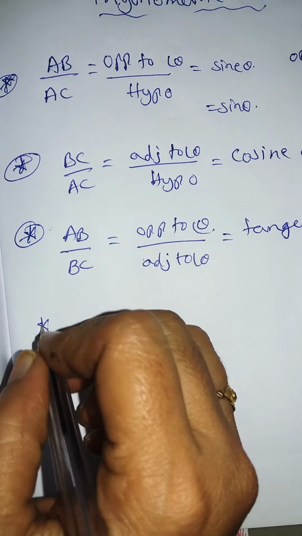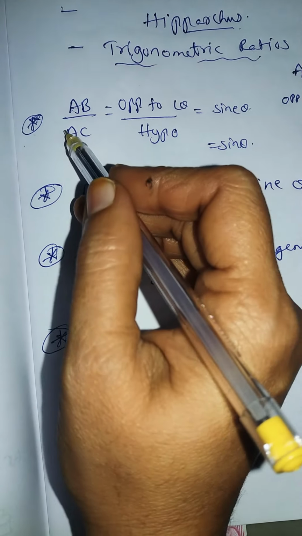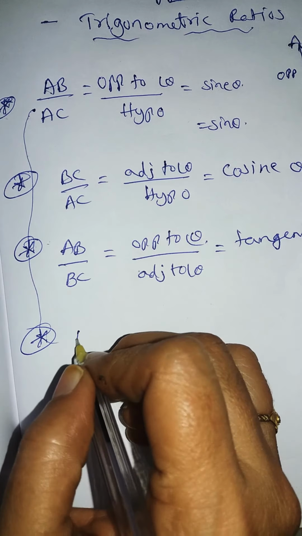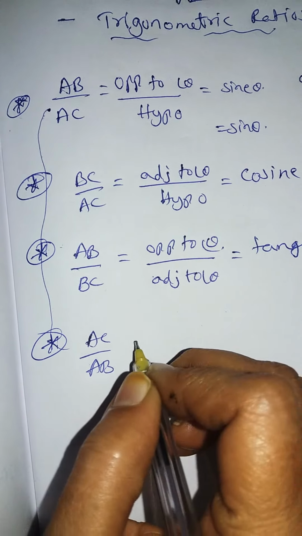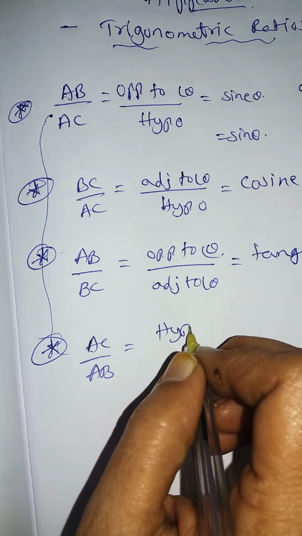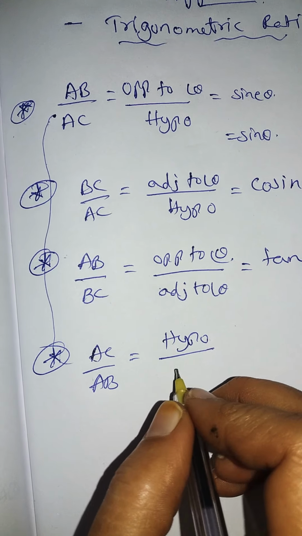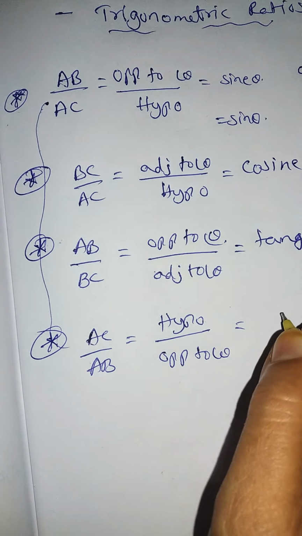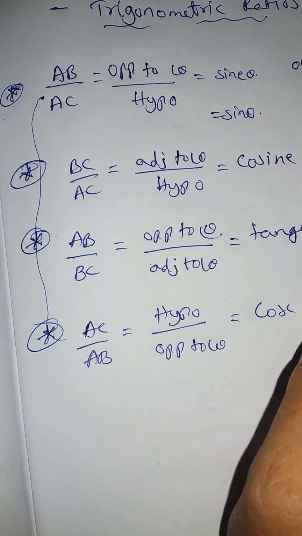And now the ratios of the reciprocals. The ratio of AC by AB, or hypotenuse divided by opposite to angle theta, is cosecant theta.